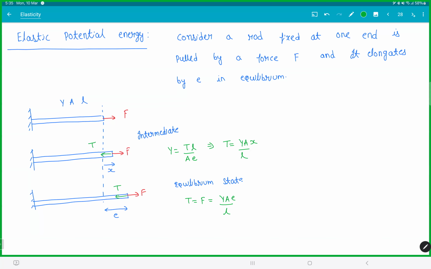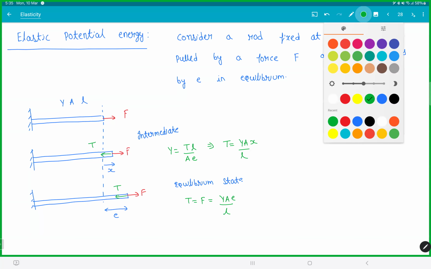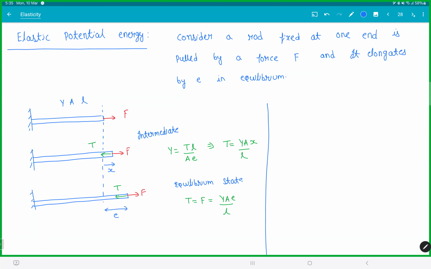So basically, as you're pulling the rod, the tension keeps changing. The external force is constant, but the rod which is resisting you is changing continuously. So tension varies with elongation.